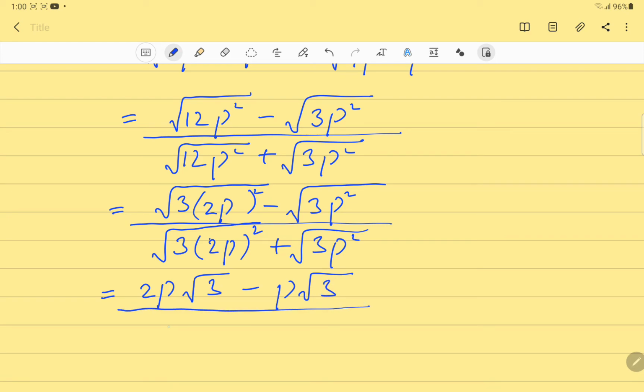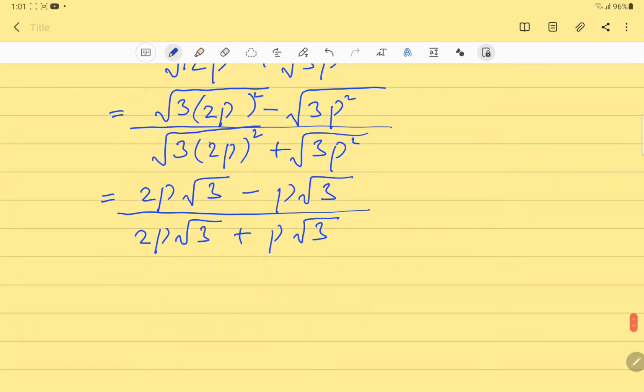The same calculation will be applied in the denominator. So we have 2p multiplied by square root of 3 minus p times square root of 3. Square root of 3 is common in the numerator and in the denominator as well.